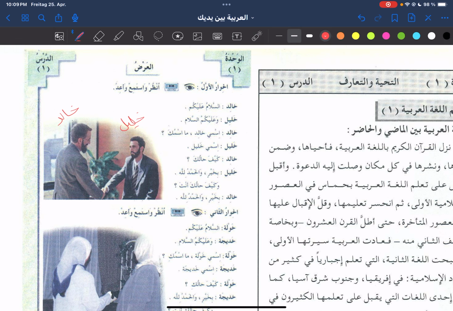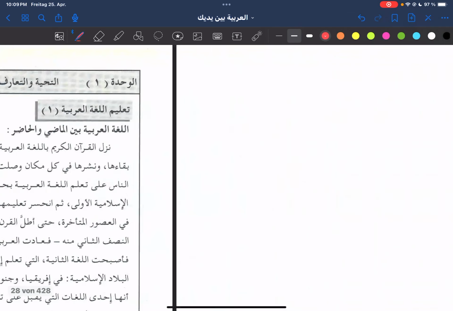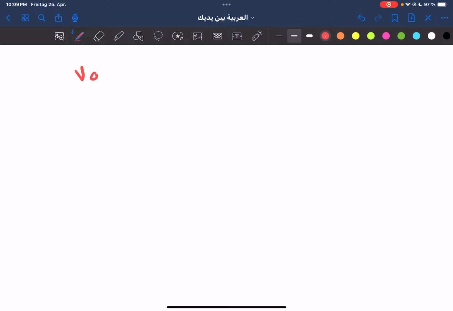Let's start our vocabulary now. I need you to come with paper and write this vocabulary. Let's make a new page and write our new vocab. Name means ism.